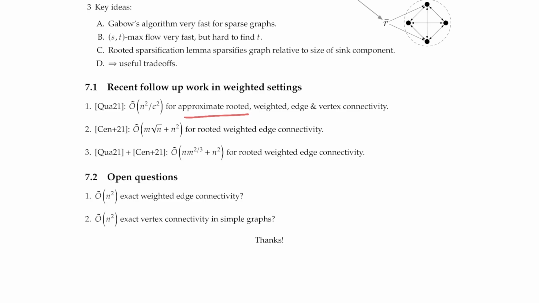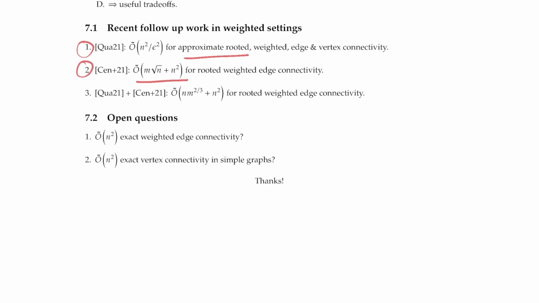A separate group showed an exact algorithm based on packing arborescences, so more similar to Gabow's algorithm, that gets you an m squared n plus n squared time exact algorithm for rooted weighted edge connectivity. And if you take some of the ideas in the approximation paper and combine them with this exact algorithm, you get an even better exact algorithm that runs in n times m to the 2/3 plus n squared time for exact edge connectivity.